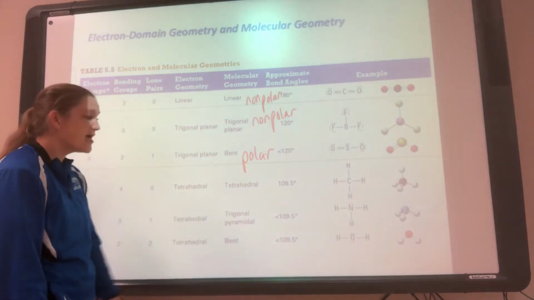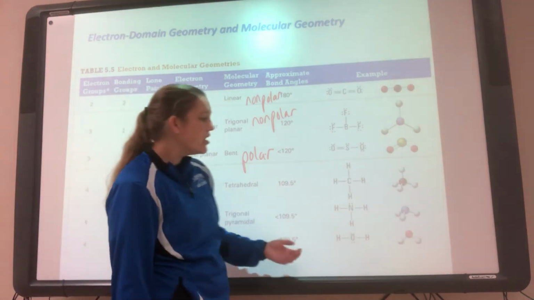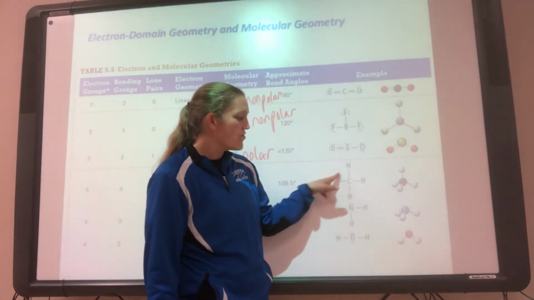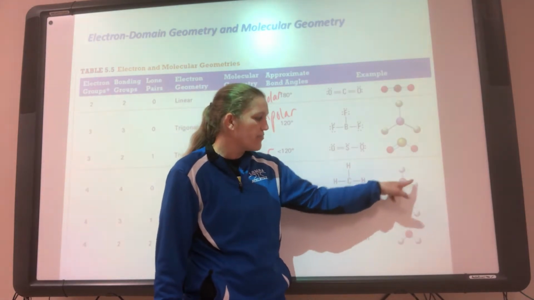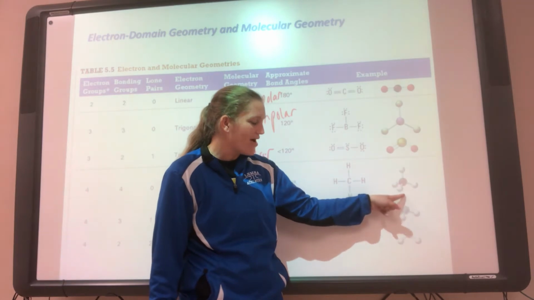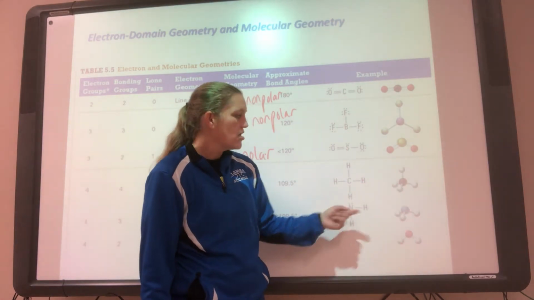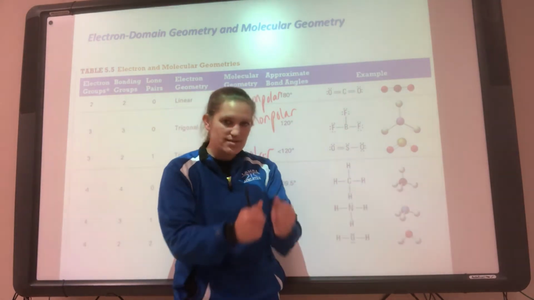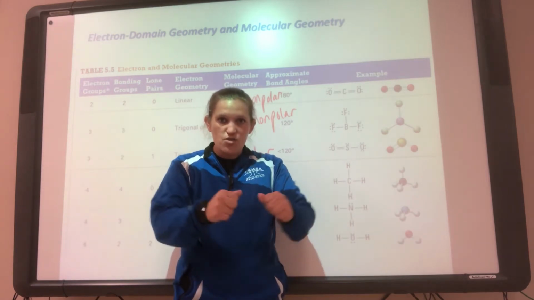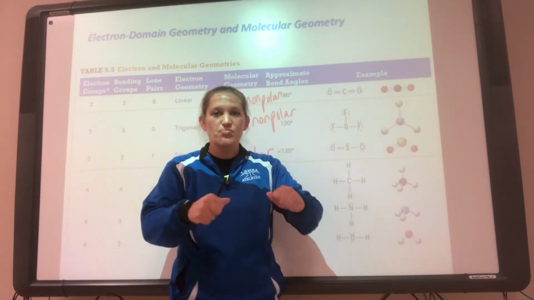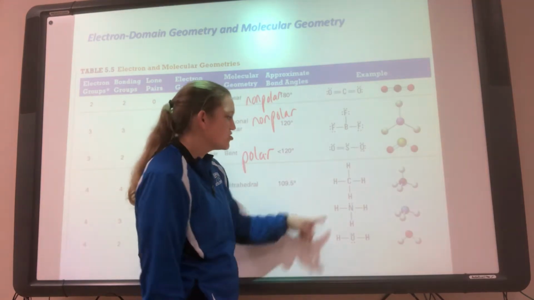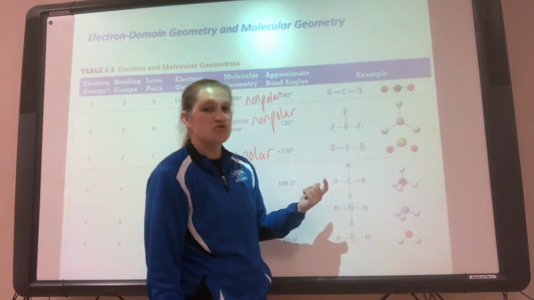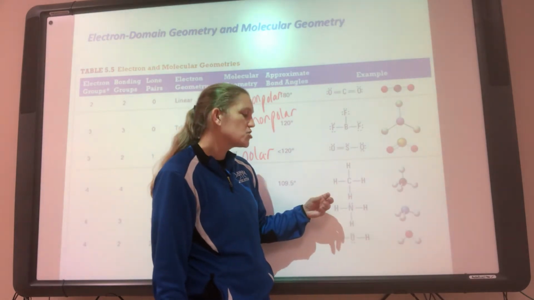All right, let's do the next one. For this one, it's actually kind of easier to see when it's drawn out like this. So you've got the hydrogen up top and the three at the bottom. One up top, three at the bottom. How does that work? But these three, remember, aren't directly down. They're not pulling straight down. They're pulling at an angle. So when you're pulled at an angle like that, you're not getting as much of your force. So when you see it like this, it actually helps you see this structure better.